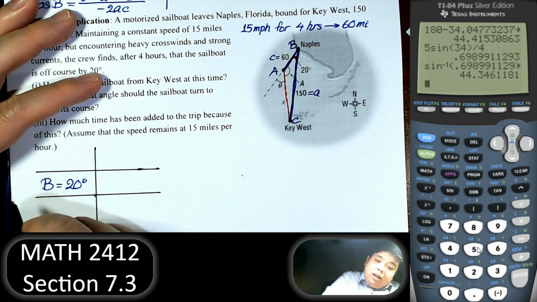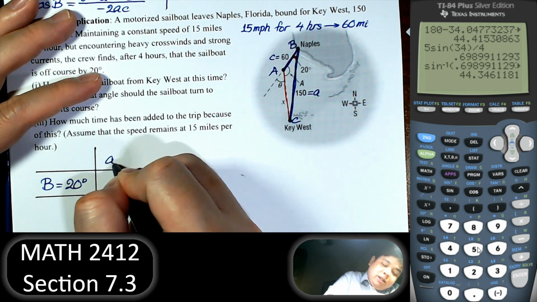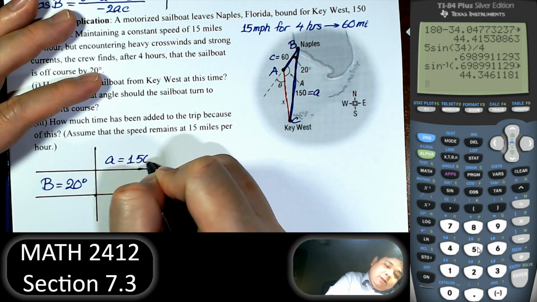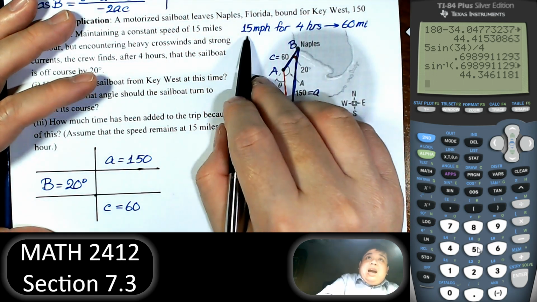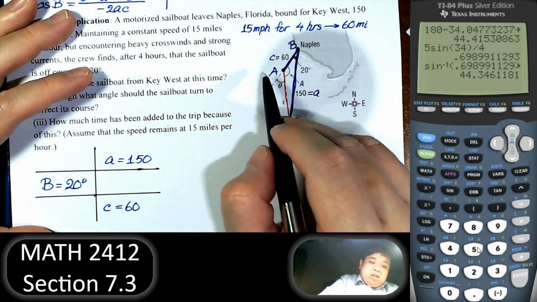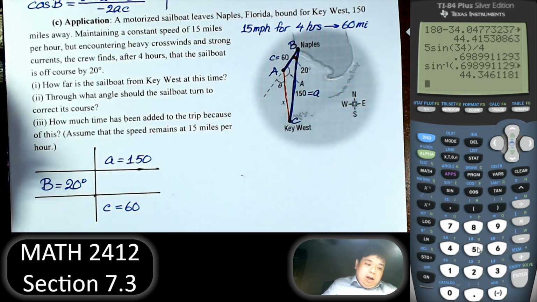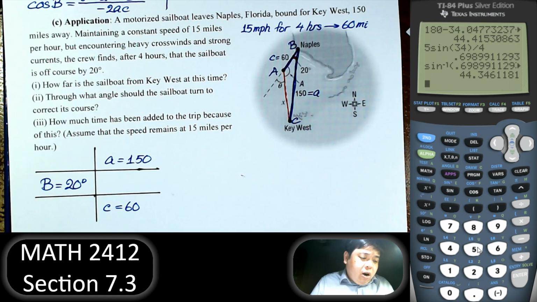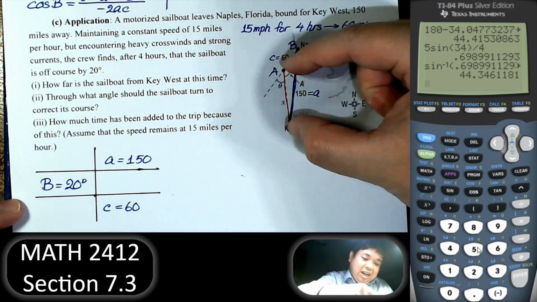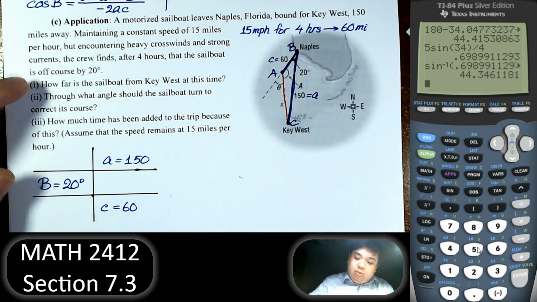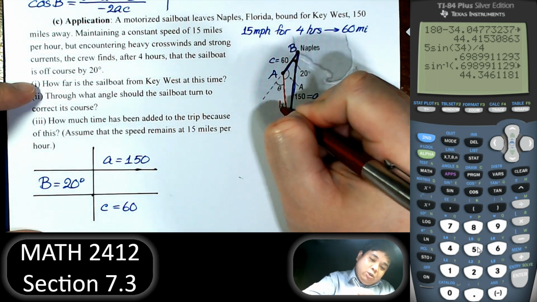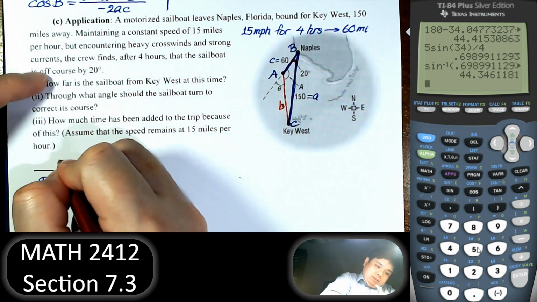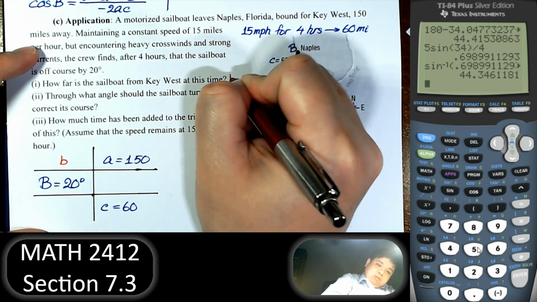We know a is 150. And we know c is 60. Of course, 4 hours at 15 miles per hour, that travels 60 miles. Of course, now the question, how far is the sailboat from Key West, which is the distance AC? So the first part of the question asks for the distance AC, which is opposite to B, so that is b. So the answer is going to be b.